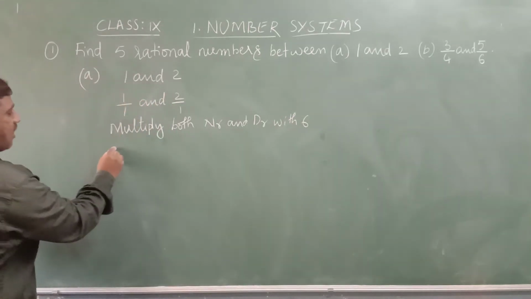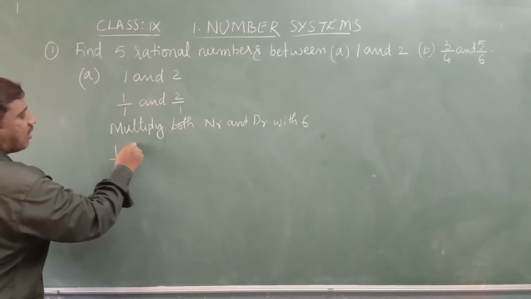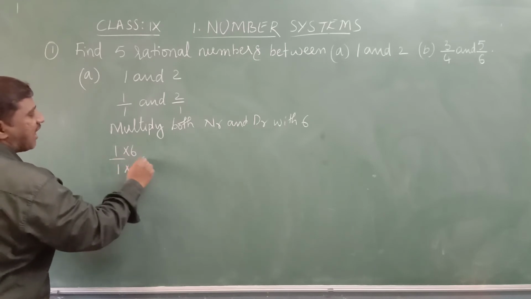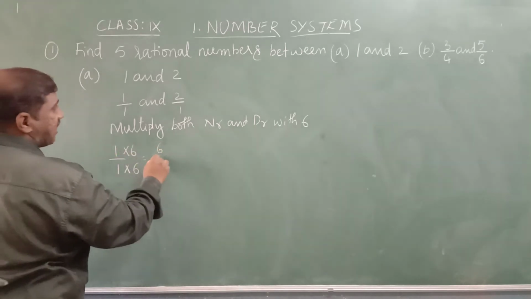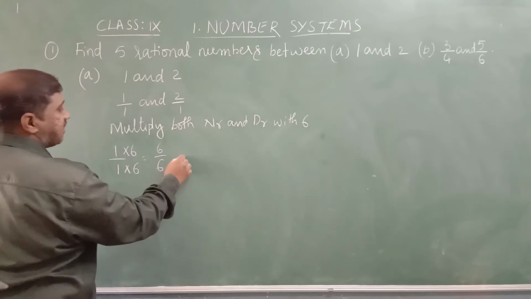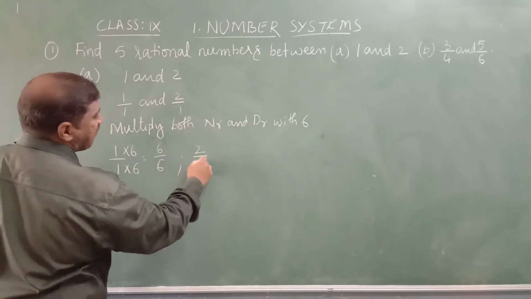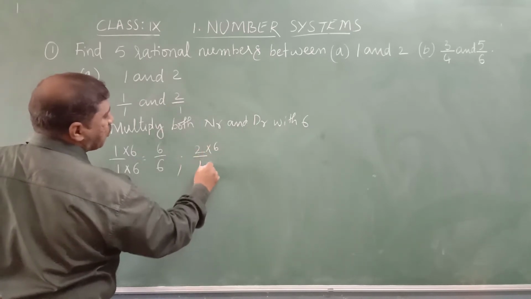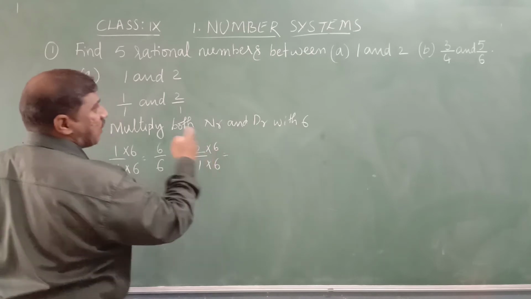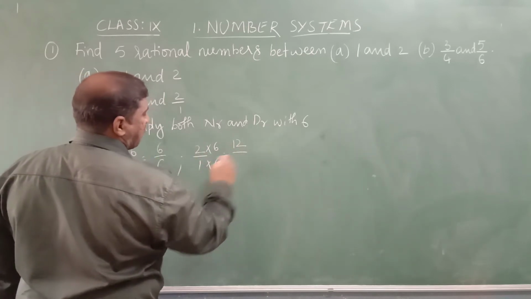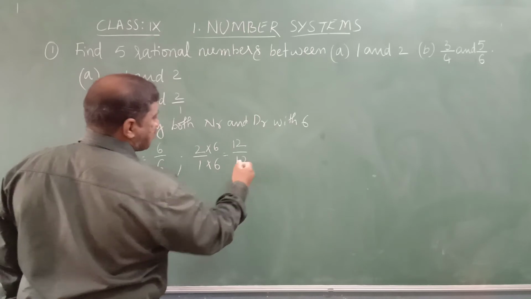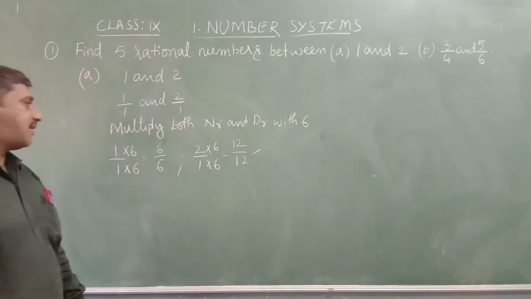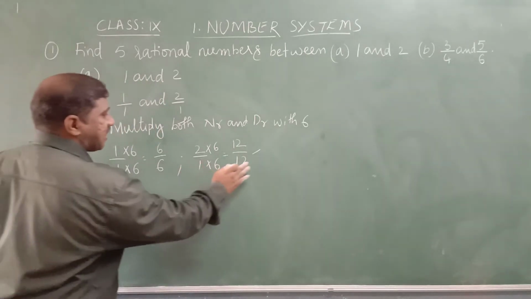Now what do we get? 1 by 1, that is 1 into 6 over 1 into 6, is 6 by 6. The second rational number is 2 by 1; multiply both with 6: 2 into 6 is 12, 1 into 6 is 6, so 12 by 6.